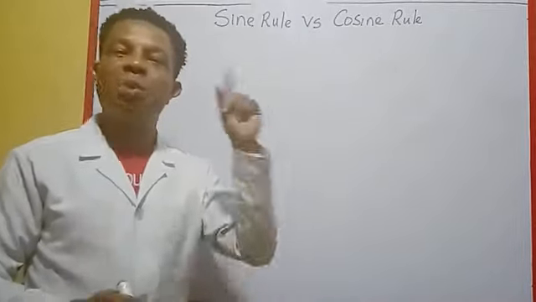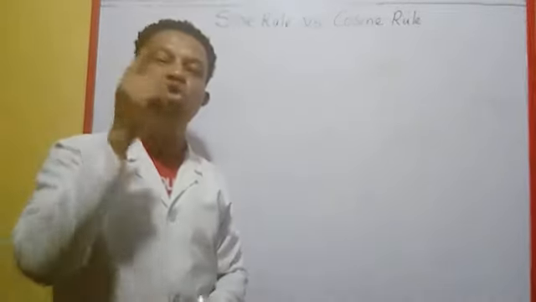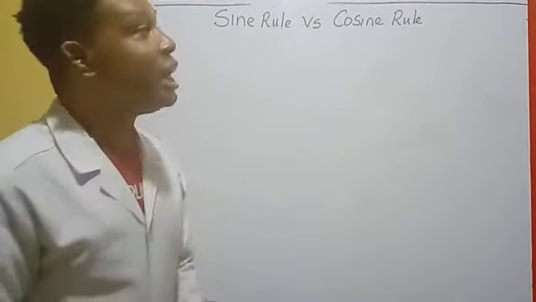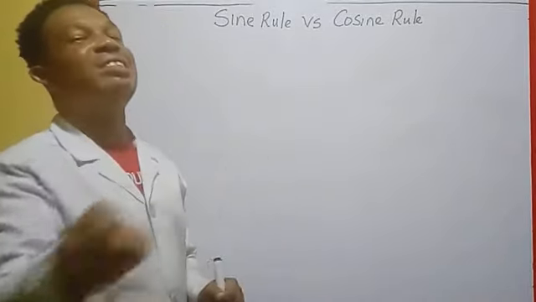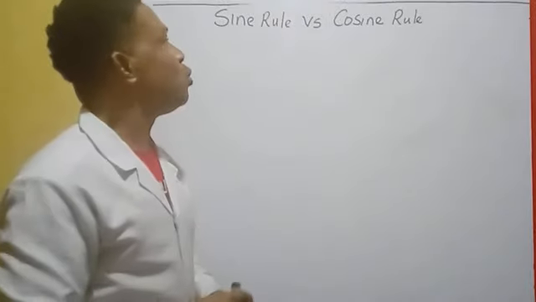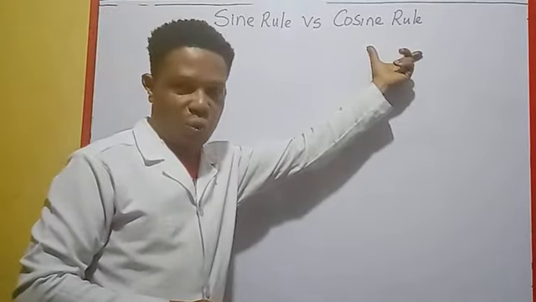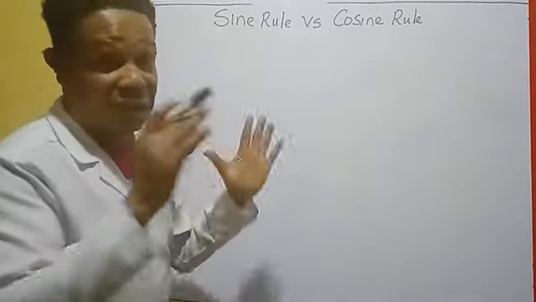A right angle triangle is a triangle in which one of the angles is 90 degrees. In the case when the triangle is not a right angle triangle, then we apply sine rule or cosine rule. That is why I try to treat the two at the same time.